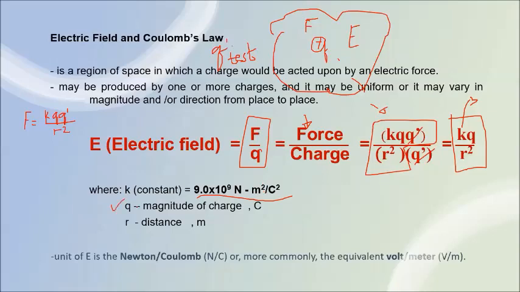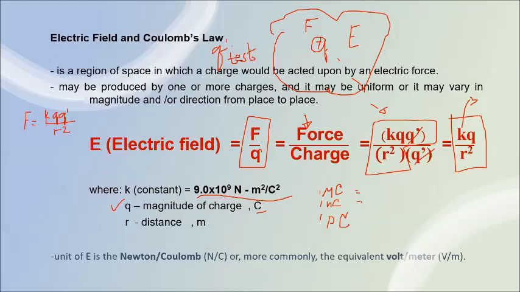Q must be expressed in terms of coulomb. Now, may mga problems na naka-state like 1 microcoulomb, 1 nanocoulomb, or something expressed in nanocoulomb, say picocoulomb, no? So, mga prefixes lang yan, no?